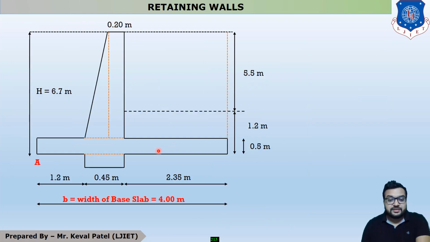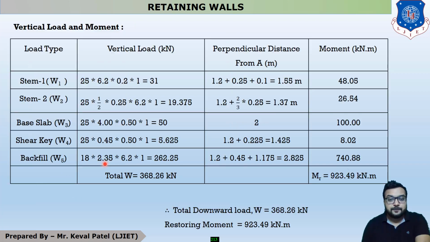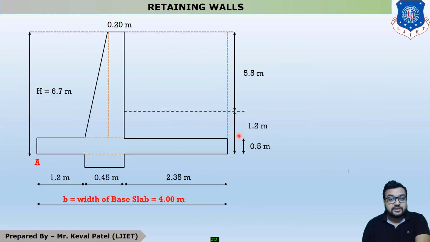Now, what is the distance? Distance is 1.2 plus 0.45 by 2, which is 0.225, so it is 1.425 meter. Moment is force into perpendicular distance.